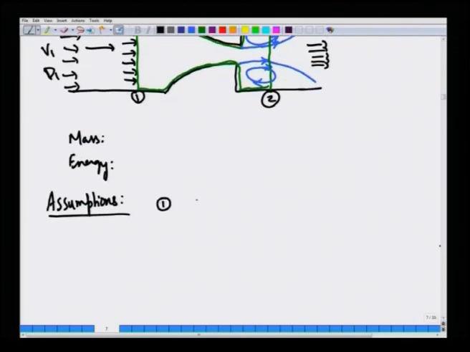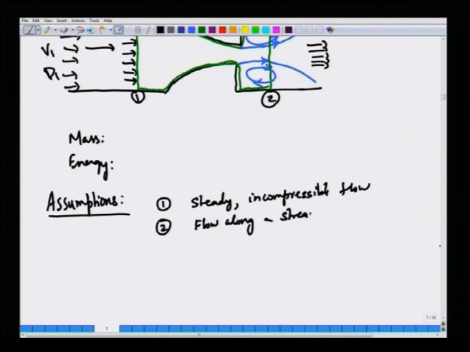First is steady incompressible flow, and we want to consider the flow along a streamline from points 1 and 2.